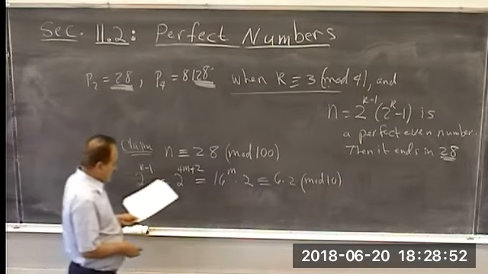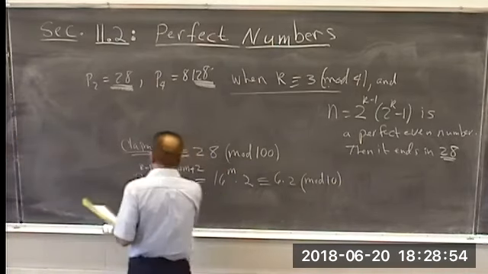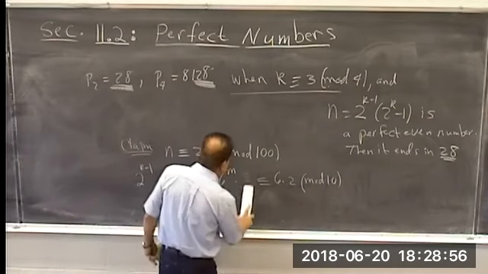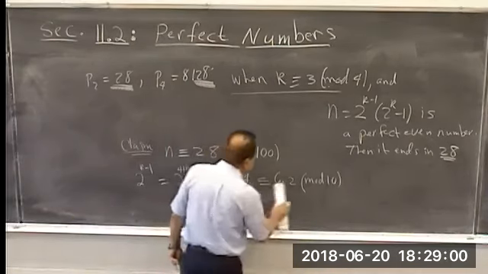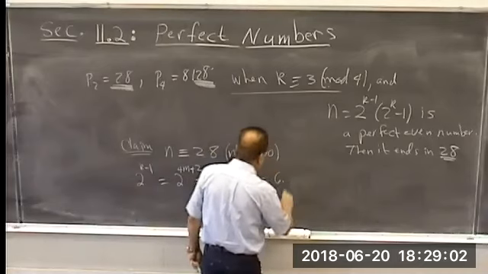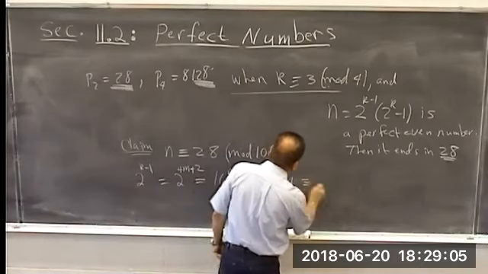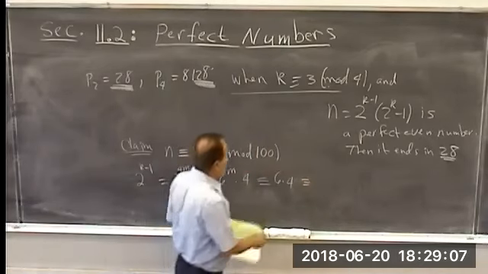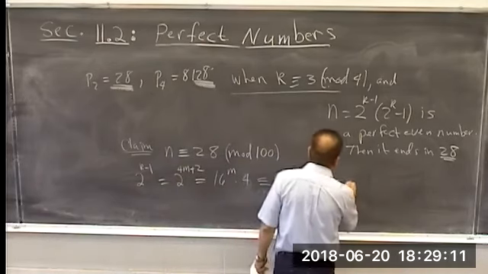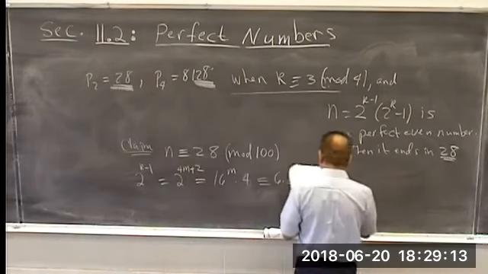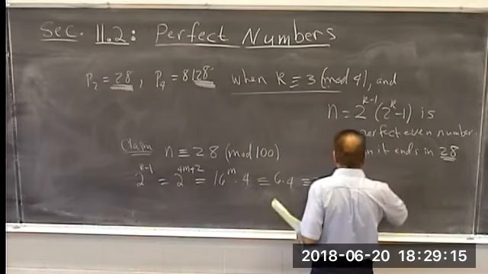And this is 4, and this one is 24, right? And this is congruent to 4 mod 10. Sorry.